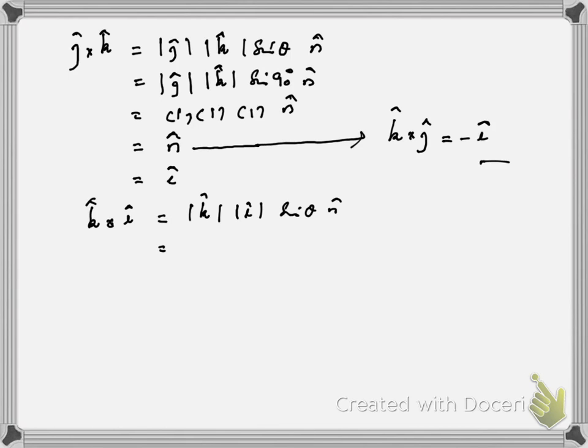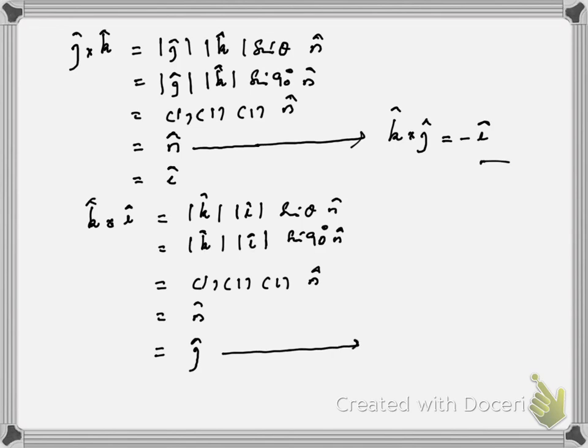Angle between K and I is the same as angle between Z axis and X axis, which must be equal to 90. So magnitude of K cap into magnitude of I cap into sine 90. Sine 90 is equal to 1. 1 into 1 into 1 into n cap. So it is equal to n cap. This n cap is a unit vector which is perpendicular to K and perpendicular to I cap, so it must be equal to j cap.